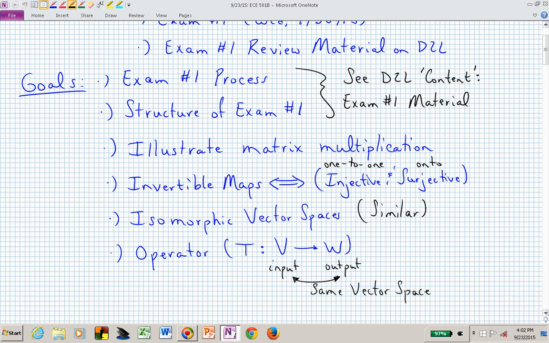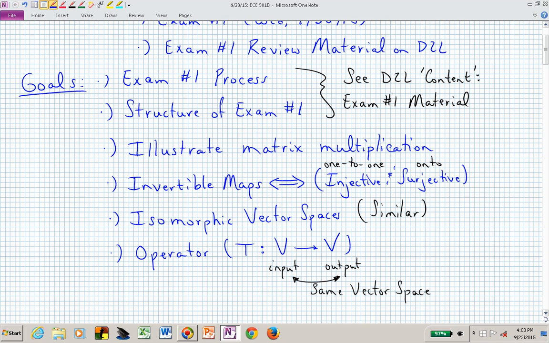Then we will talk about operators, and that will not be Donald Trump in this particular class. It will be a linear map that, correct me if I'm wrong, has the same vector space as its input as it does for its output. That's an operator. It's operating basically on the same playing field.